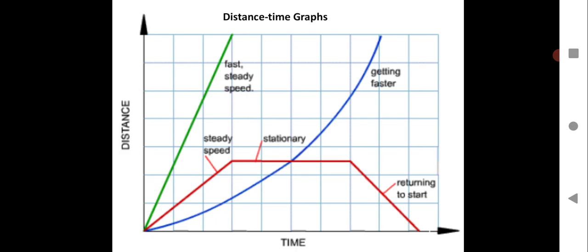Once it is moving, you can see the red line is parallel to the time axis. Then it moves in a stationary motion, then it moves down. Follow the path of the red line, that means it is returning to start. So follow the red line. First it shows steady speed, then stationary, and then returning to start.